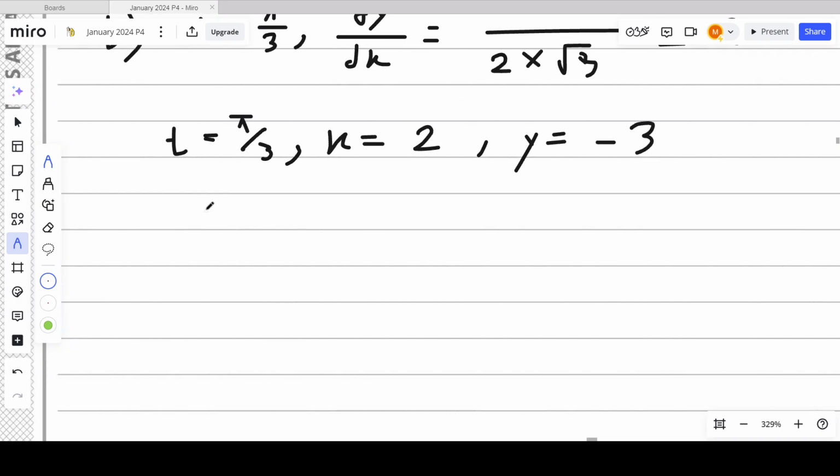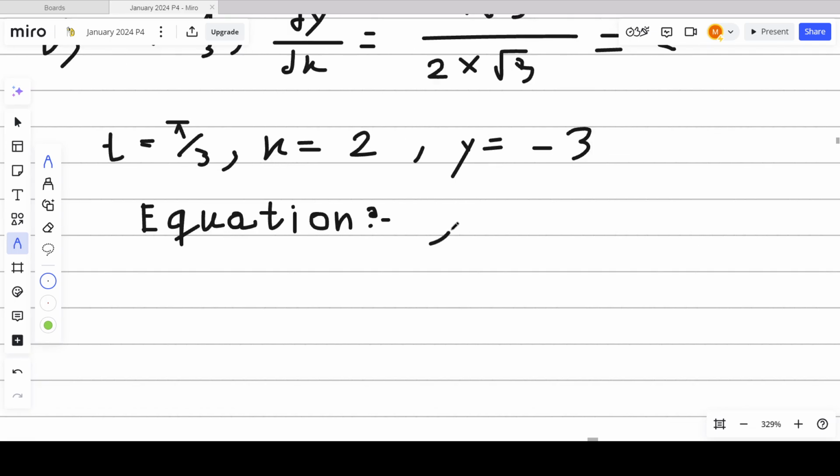Now just the equation. So for finding the equation, what would be the equation?